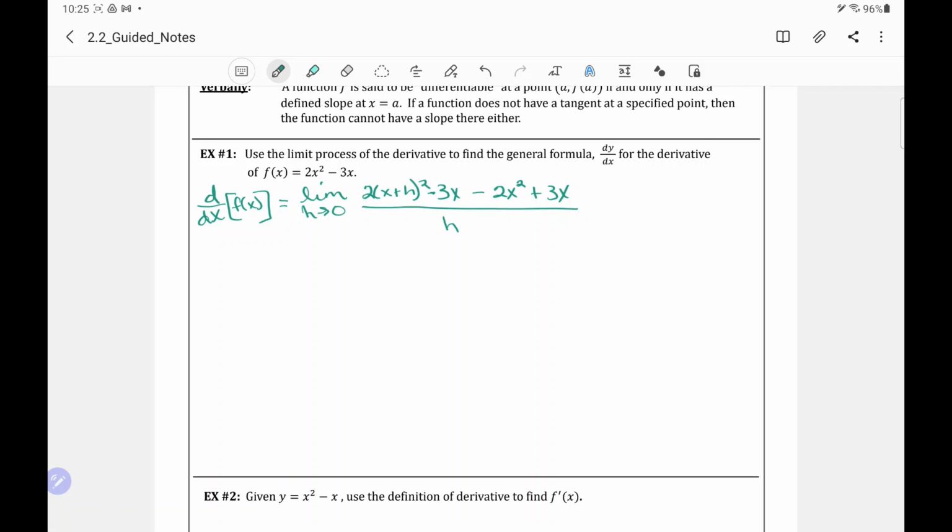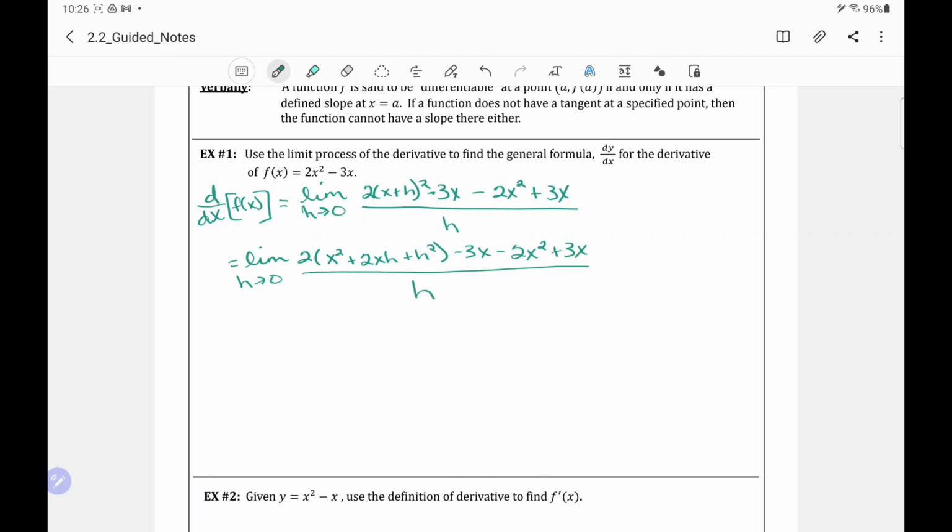So when I bring this all through, I've got the limit as h goes to 0 of 2 times x squared plus 2xh plus h squared minus 3x minus 2x squared plus 3x all over h.